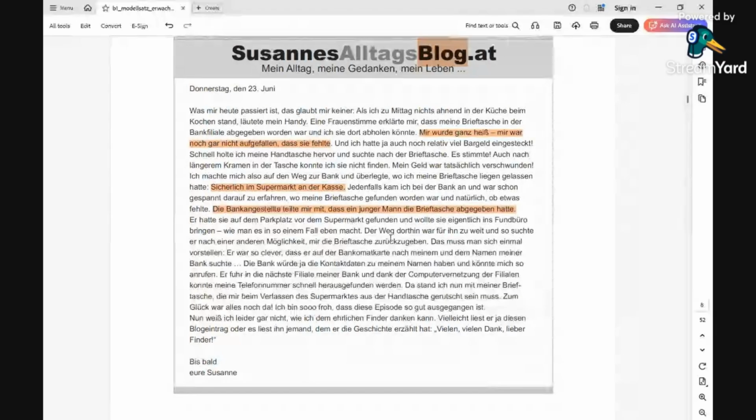And the person really wanted to take it to a Fundbüro. That's why Fundbüro is mentioned here. But der Weg dorthin war für ihn zu weit. So, but the way there was too far. So he had to look for another possibility, andere Möglichkeit, to return the purse. So what he did, we're going to continue to read from there.